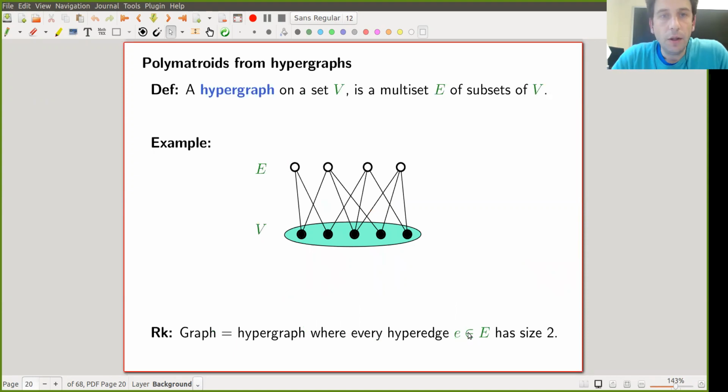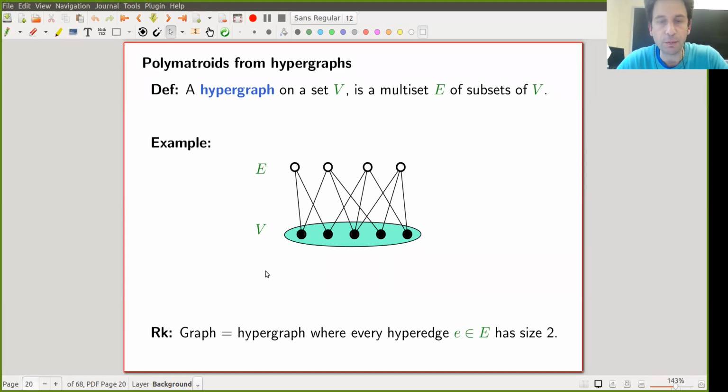Okay, so a hypergraph for me will be a set of vertices and a set of subsets of vertices. So I will have hyperedges, and these hyperedges contain a certain number of vertices.